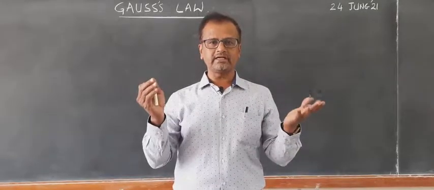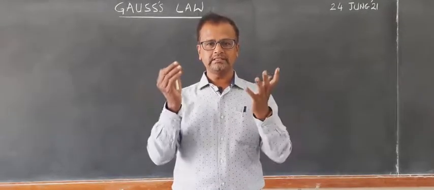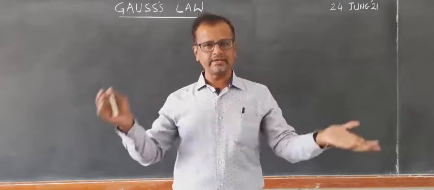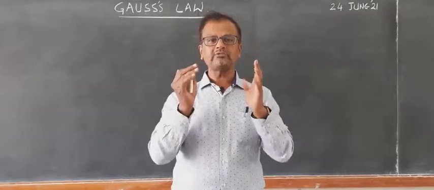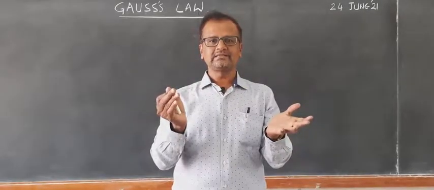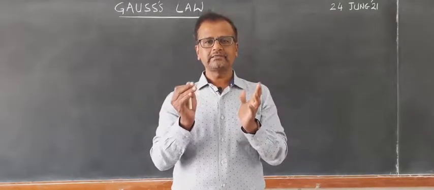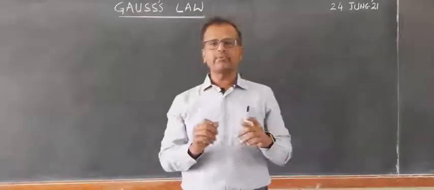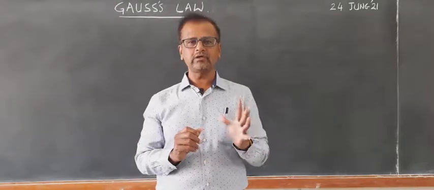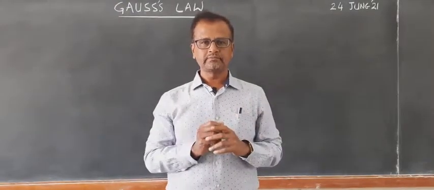So the cause of electric field is the electric charge. In the same way, the cause of electric flux is again the electric charge. That is given by the very important law called Gauss law.